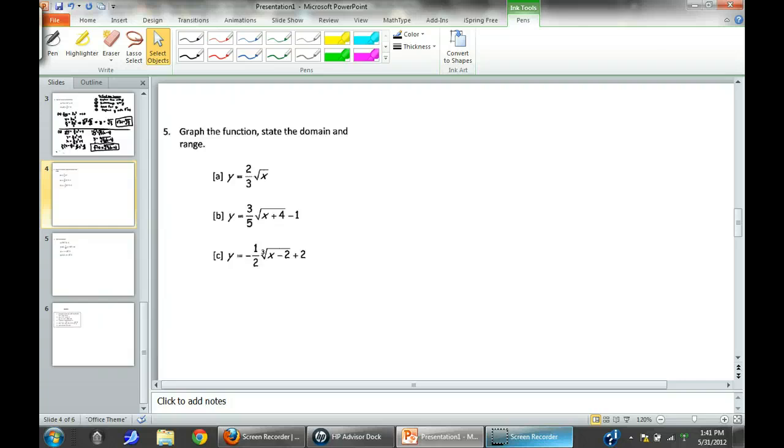Okay. Number 5. Graph the function, and state the domain and the range. These are some alterations on your radical functions. If you take a radical function and multiply it by 2/3, square root of x, which we know looks like that, what does multiplying it by 2/3 do?